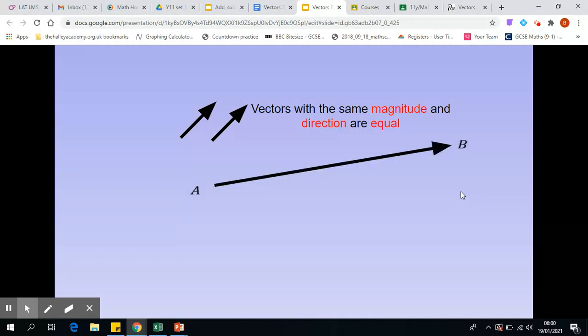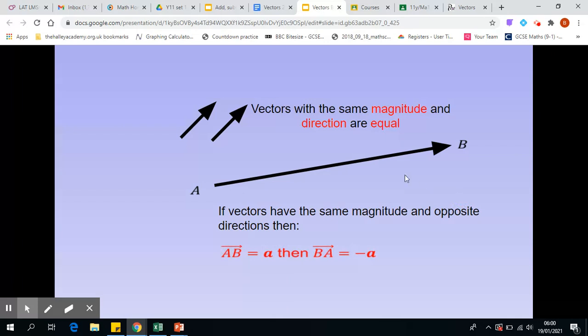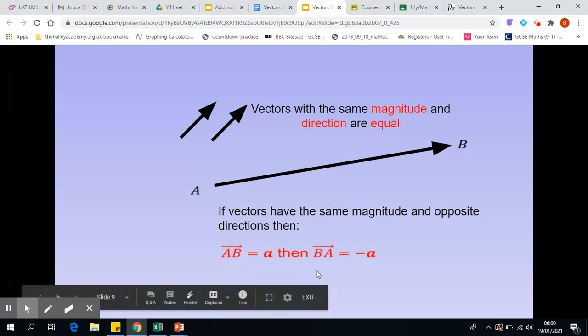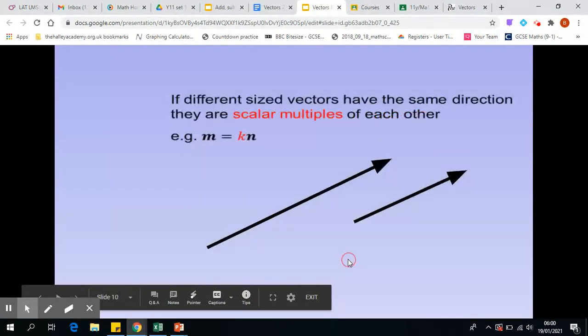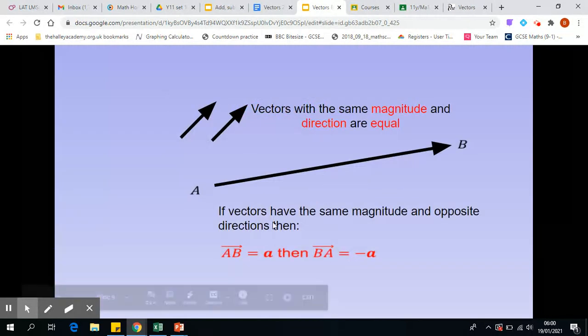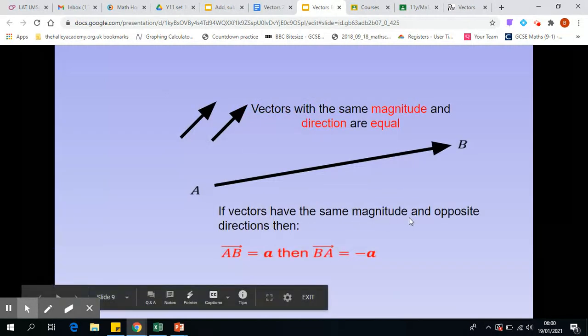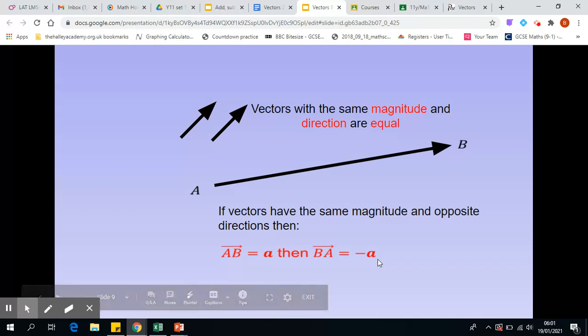Vectors with the same magnitude and direction are equal to each other. And notice here, opposite vectors have the same magnitude and opposite direction. A to B is a, and B to A is minus a.